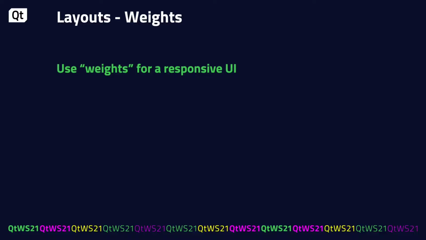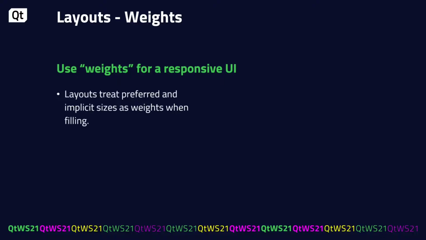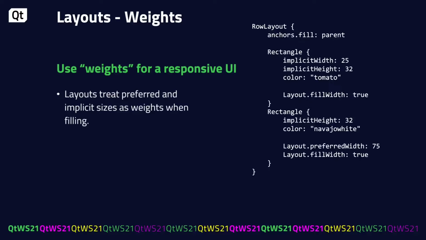The next tip is to use weights for a responsive UI. So layouts treat preferred and implicit sizes as weights when filling. And by filling, I mean that when you have, for example, here we have two rectangles, both set layout.fillWidth to true.